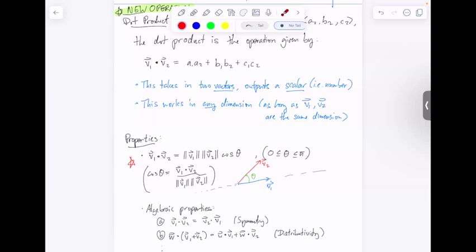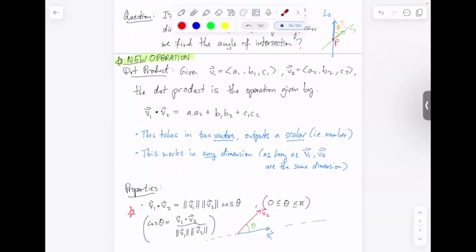Now what this tells me is, if I imagine these as forces, say v1 is pointing in some direction, and I care about the magnitude of the force in this direction. Then I just find the unit vector pointing in this direction, and take the dot product of v2 against that.